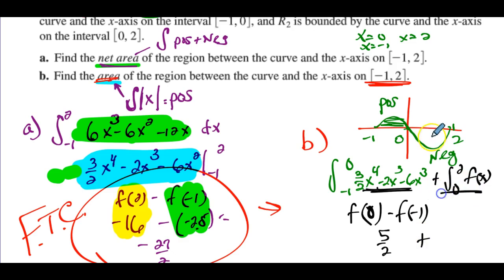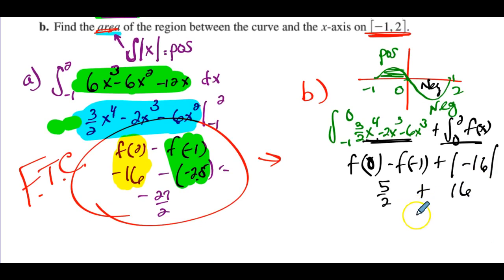Then this will turn out to be negative, but I'll take the absolute value of that. When I do the fundamental theorem of calculus, that's -16, and then 16 and the 5/2 turns out to be 37/2. So again, different because I am taking this black negative area and flipping it over and making it actually positive.